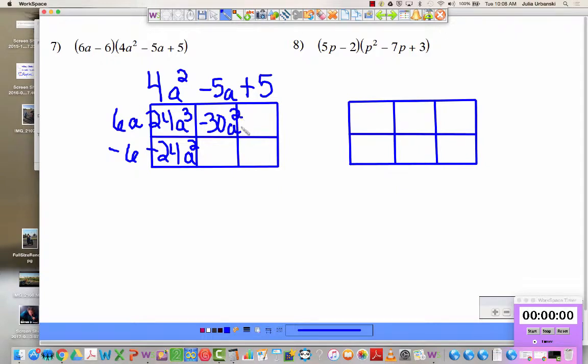Negative 30a squared. And then when we have negative 5a times negative 6, negative 5 times negative 6 this time makes positive 30. And what's going to happen to our a's? A to the first. A to the first, and there's no a here to add in with it. This one, positive 6a times positive 5 would be positive 30a. And then negative 6 times positive 5 would be negative 30.